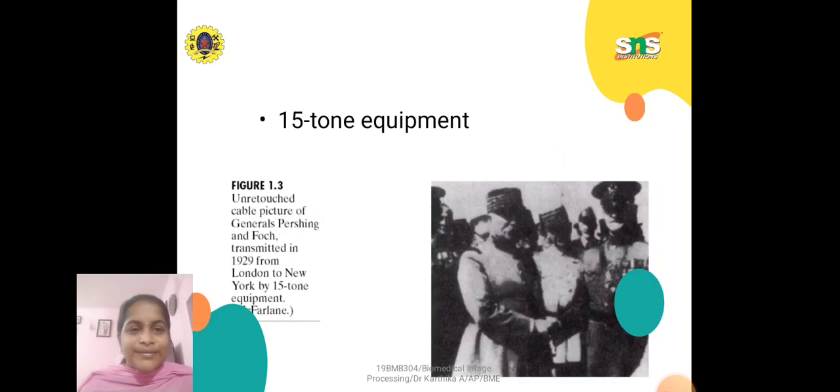And the third picture shows the 15-ton equipment. Here is the unretouched cable picture of Generals Pershing and Foch. It was transmitted in 1929 from London to New York by 15-ton equipment. See how images were transmitted in those days.